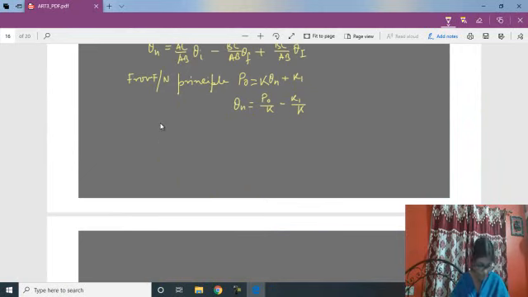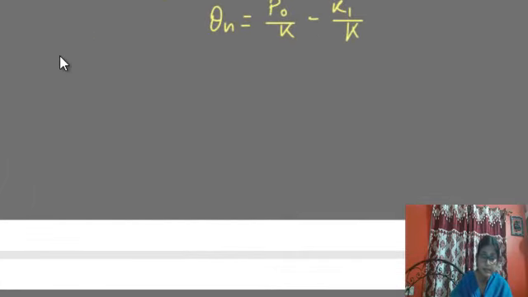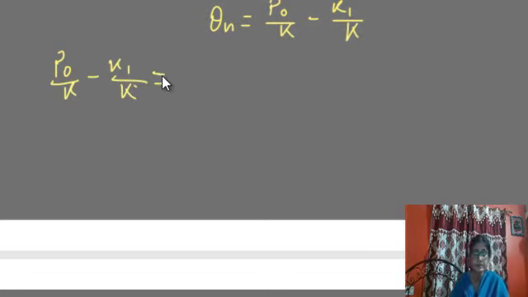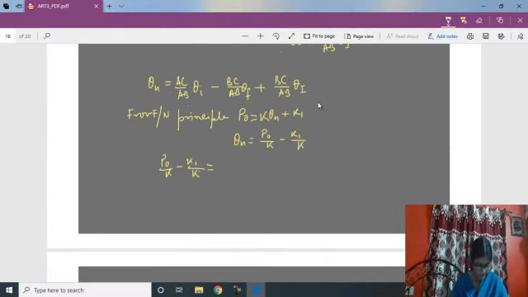So now from equation 1 we can write that theta n, that is P0 by K minus K1 by K, is equal to AC by AB into theta I plus BC by AB theta I. Since the expression is large, I don't want to skip the steps.